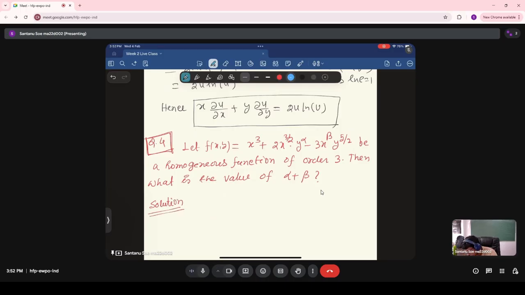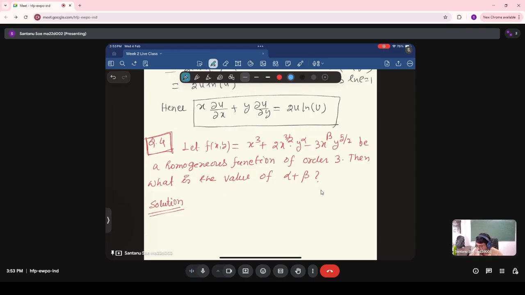Okay, so a function is given such that f of x comma y equals x cube plus 2x to the power 3 by 2 into y to the power alpha minus 3x to the power beta into y to the power 5 by 2, which is a homogeneous function of order 3. So then they're asking what will be the value of alpha plus beta.